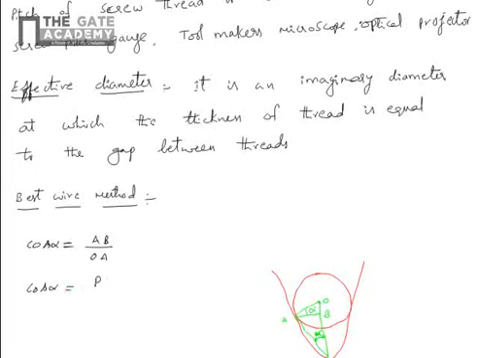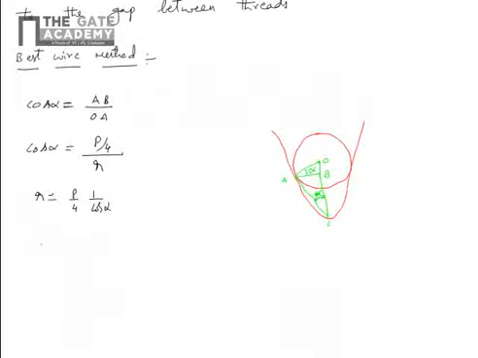P by 4, pitch by 4. Pitch is the distance between two successive threads. So if this is P by 2, half of that is P by 4. P by 4 divided by OA, which is the radius of the wire. R equal to P by 4 times 1 by cos alpha.